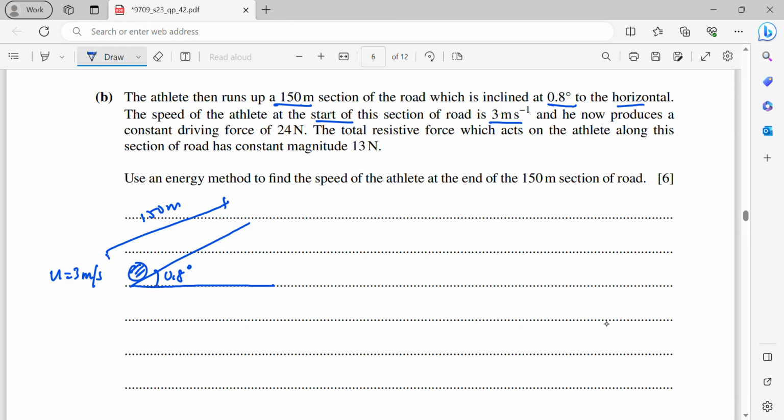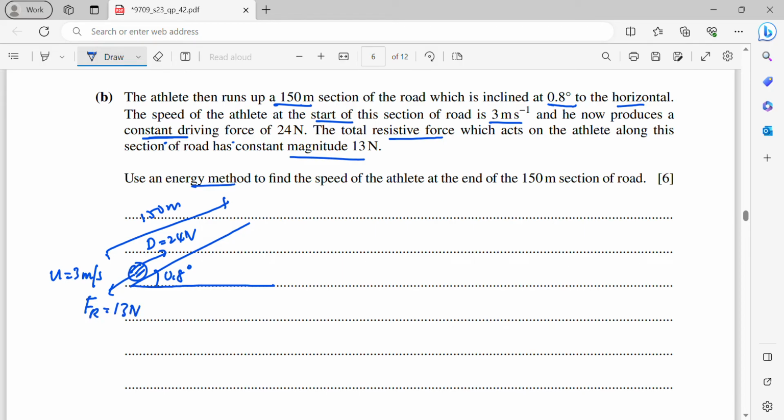And he now produces a constant driving force of 24 newtons, so D equals 24 newtons. The total resistive force which acts on the athlete along this section of route has constant magnitude 13 newtons. So this is the resistance force, which is 13 newtons.